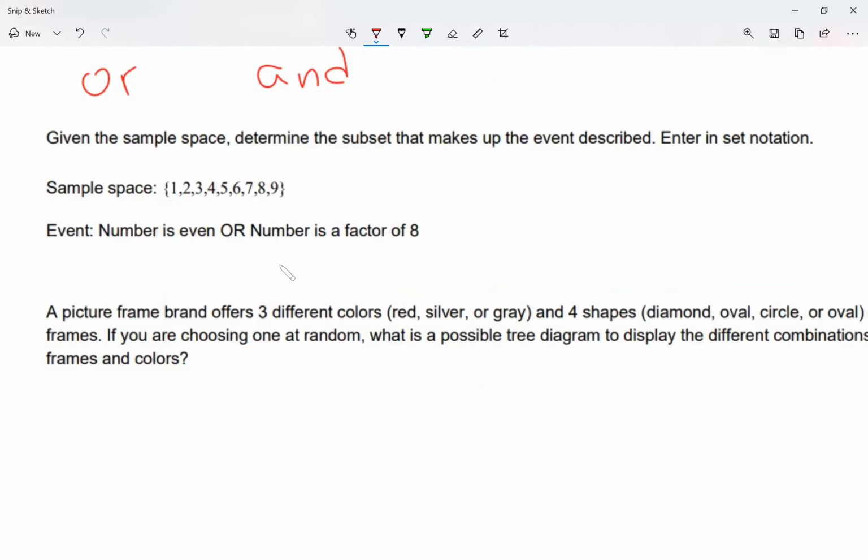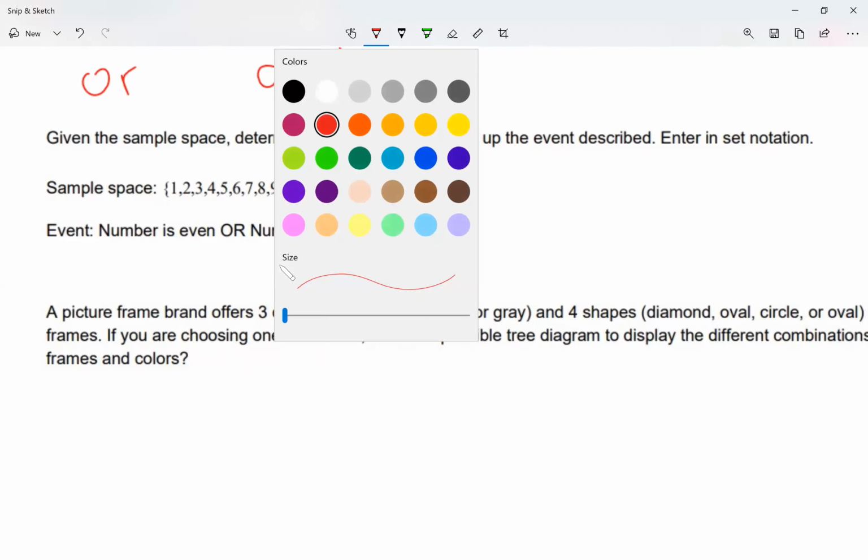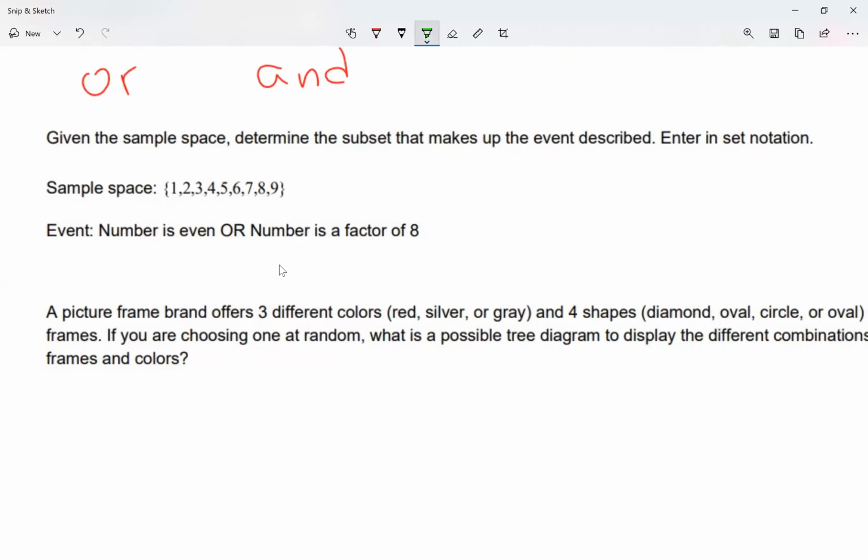One sample space is the numbers 1, 2, 3, 4, 5, 6, 7, 8, 9. And then from those numbers, let me choose one of my things here. It says the number is even. So I can choose a number that is even or a number that is a factor of 8. Okay, factor, that's a fancy word.